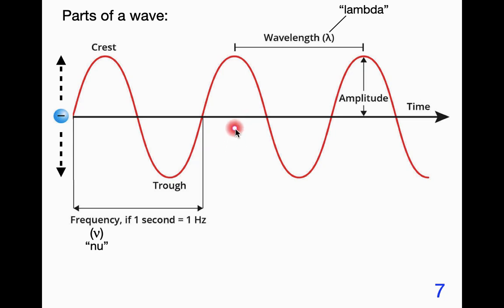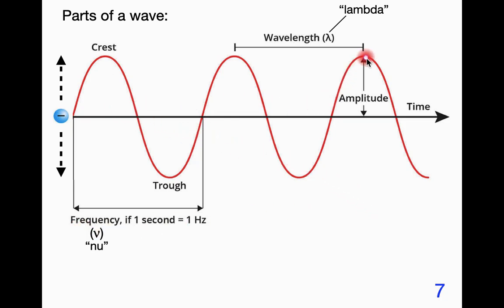If I had 100 waves pass in a second, then it would be 100 hertz. Frequency is given the symbol nu. It's a Greek letter, it looks like an italic V. In recent years, it seems as though I'm more and more seeing just capital F representing frequency, sometimes lowercase, but I'm a traditionalist, and I learned it as nu. Still being used, but I'm just saying that you may see it as F.